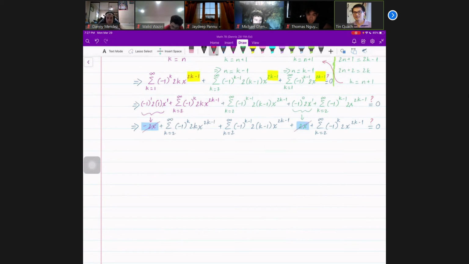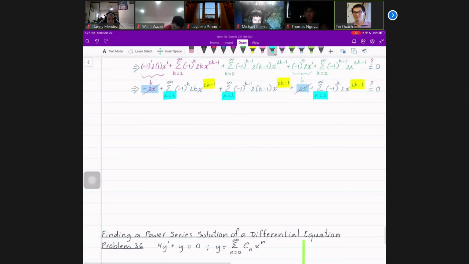All right. So now you have just these three series, and they have the same exponent. Okay, and then they also have the same starting value. So you can combine the three series. And they all have the same factor x raised to the 2k minus 1, so you can just factor that out.